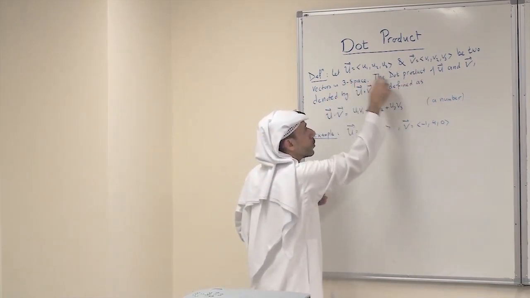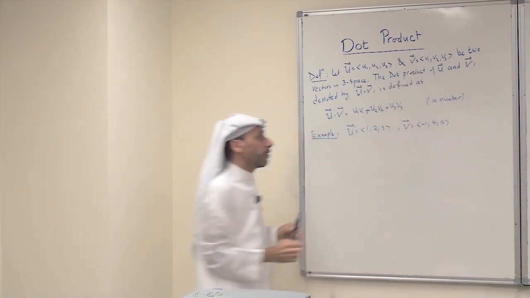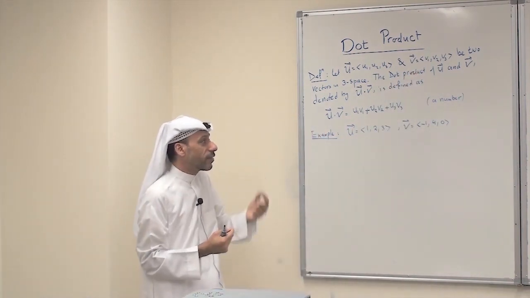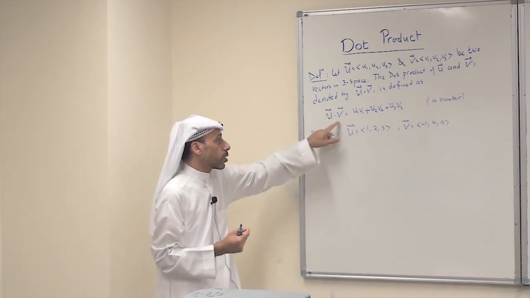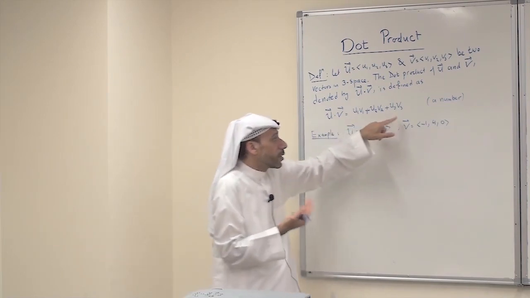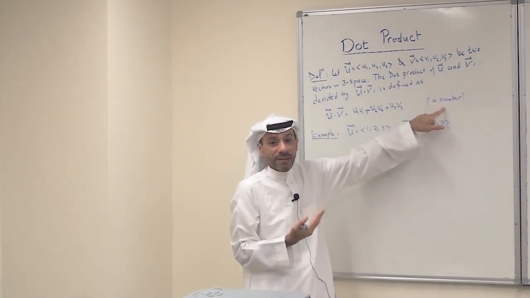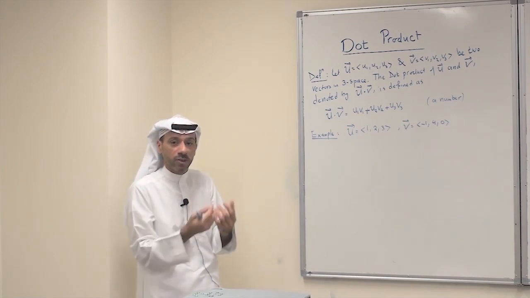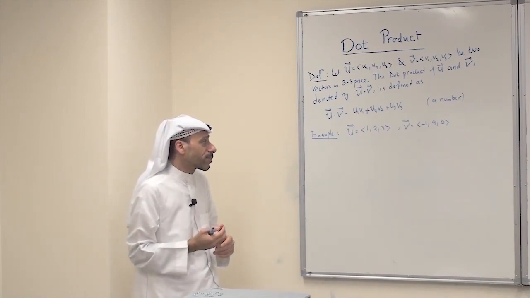The first observation about the dot product of these two vectors is that the result is a number, or a scalar. So when you find the dot product of two vectors, we get a real number.